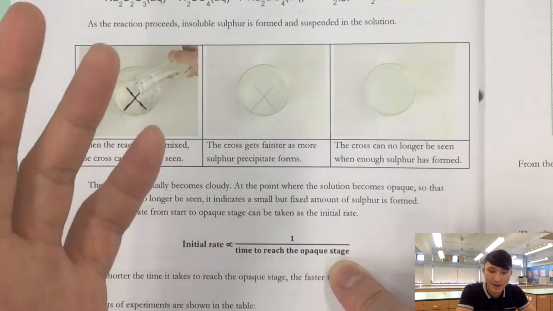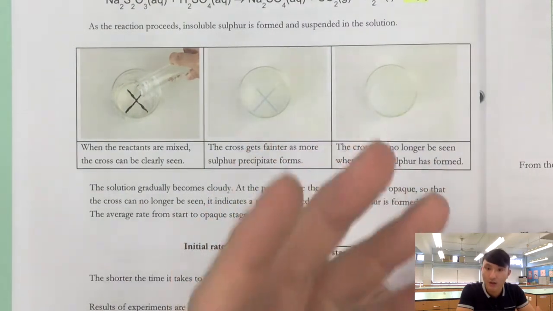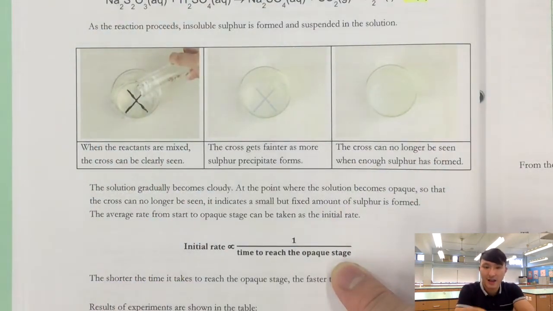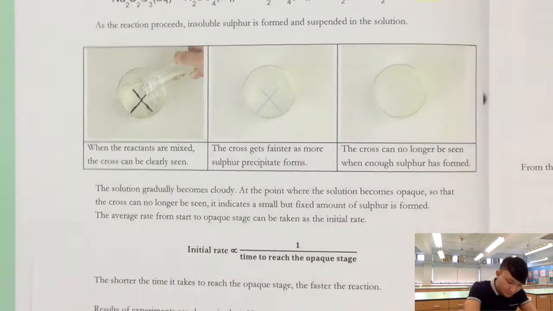Repeat that experiment again with another reactant, then again we will register the order with respect to the other reactant, and after that we are able to establish the rate equation. Okay? Now you can see this table down here.